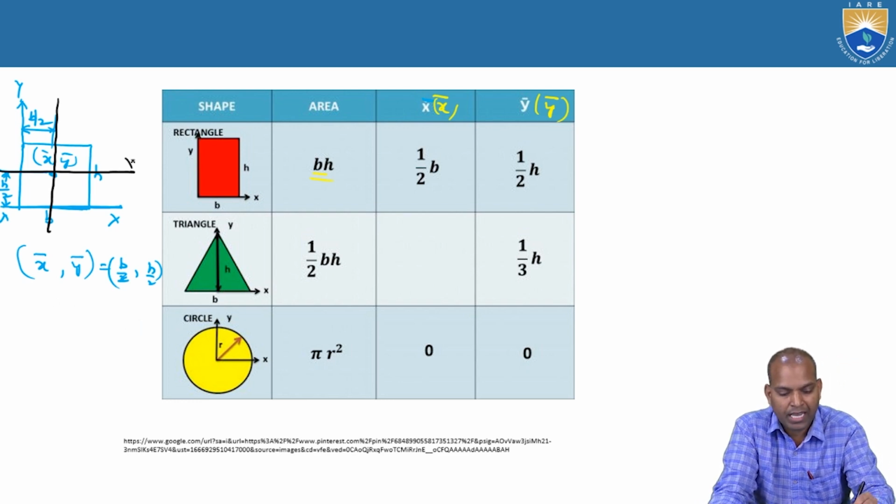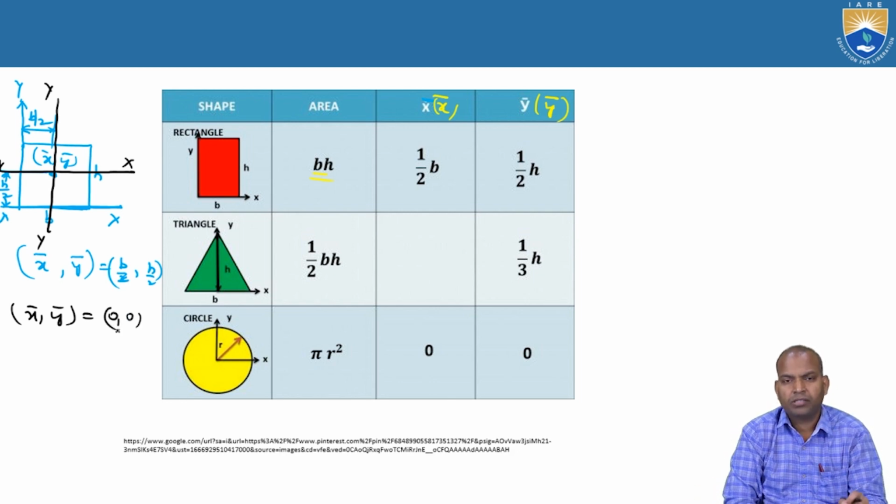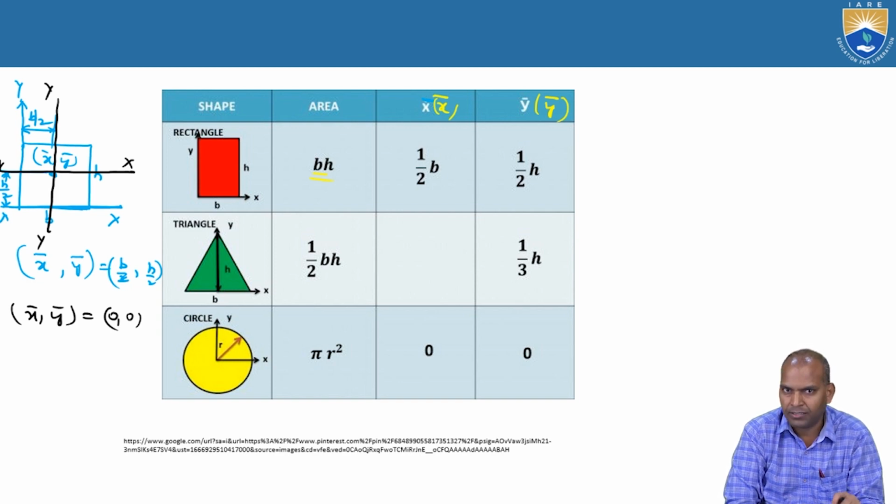Now, these are the reference axes. For that condition, bar X and bar Y are 0, 0. That means these X and Y axes are passing through the centroidal point of a rectangle. That's why it is 0, 0.